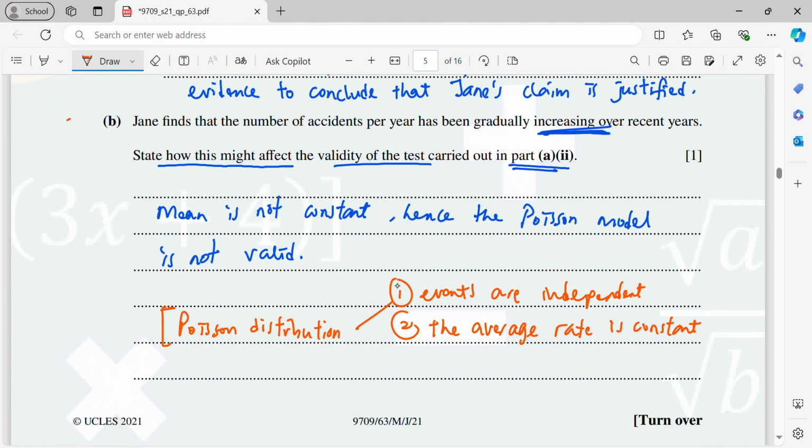Okay, then the third is two events cannot happen at the same time. Okay, so these are the three conditions for the Poisson distribution.